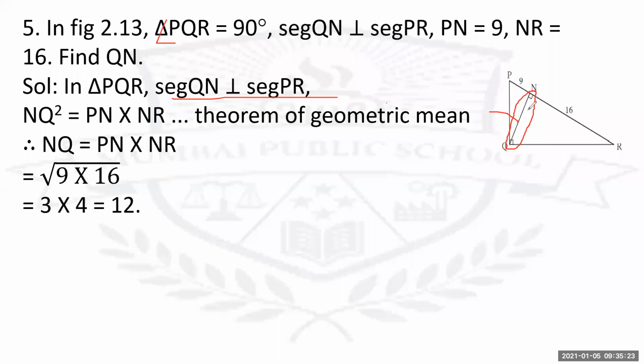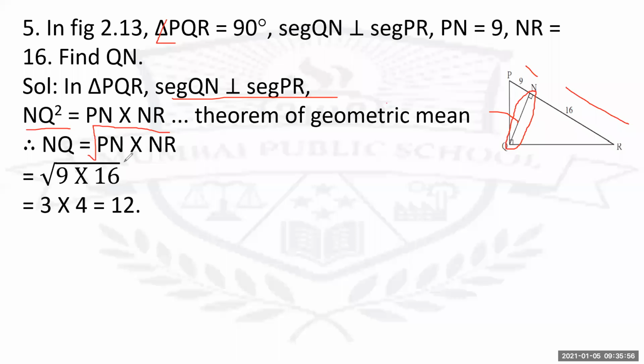So NQ square. This is dividing the hypotenuse into which parts? PN and NR. So NQ square equals PN into NR. So NQ would be the square root of PN into NR.